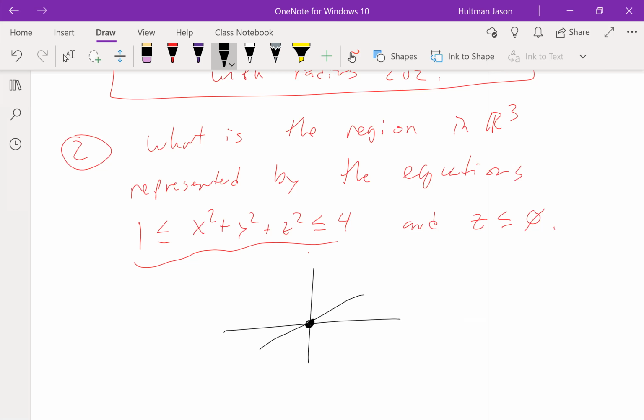It's the volume between a sphere of radius 1. So maybe this is the sphere of radius 1 here.